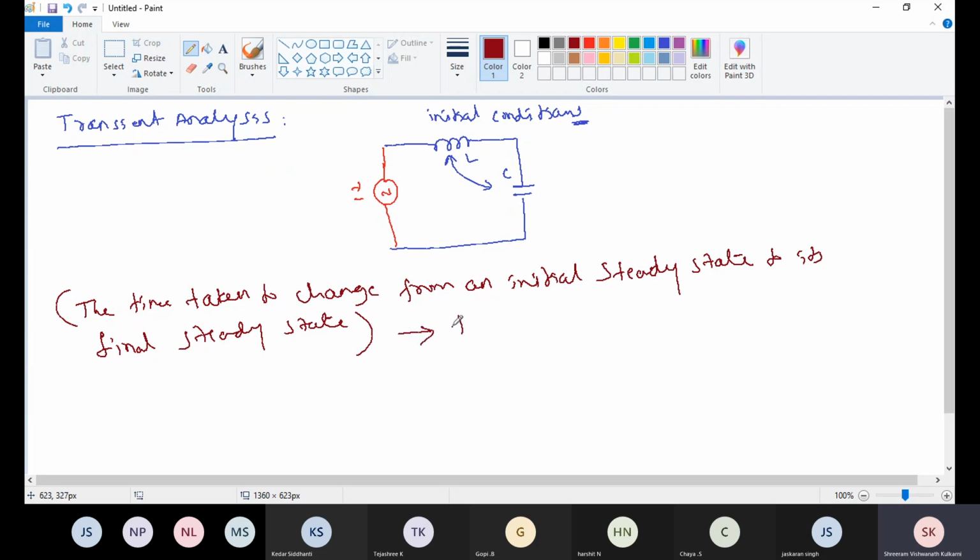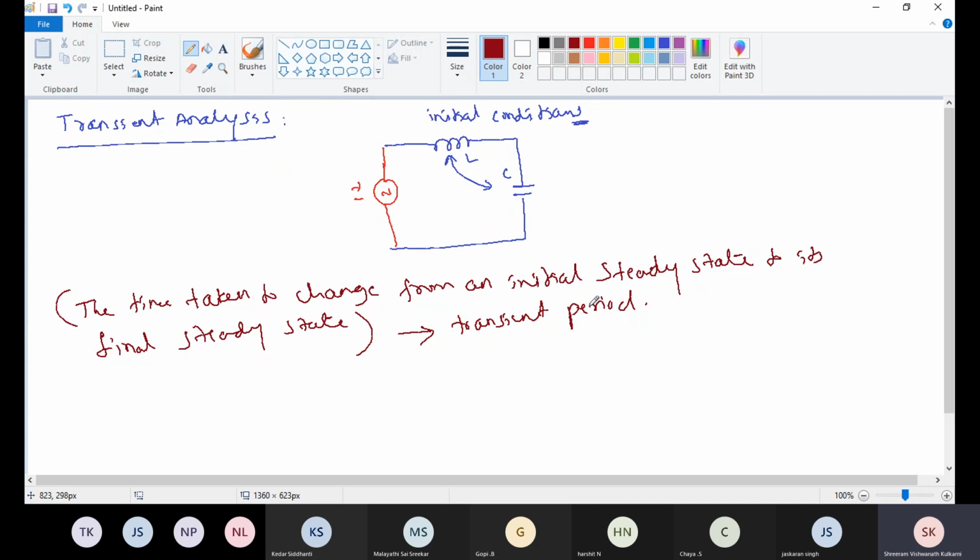This is my transient period. Now, for this transient period, I am going to plot some responses. That one I am going to call a transient response. The response of the network after it attains a final steady state value, which is independent of time, is called the steady state.